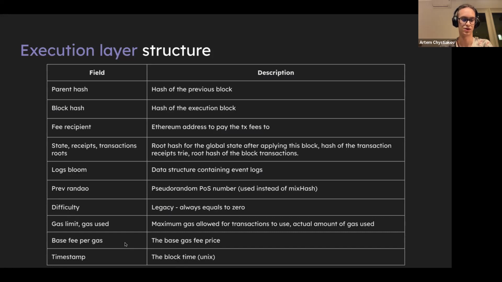So every transaction has to specify at least this amount of gas, and this gas will just get burned, which makes Ethereum deflationary. And the block timestamp, the Unix timestamp of the block, is right now fully predictable and comes every 12 seconds.